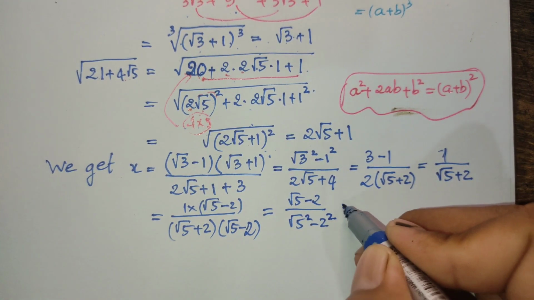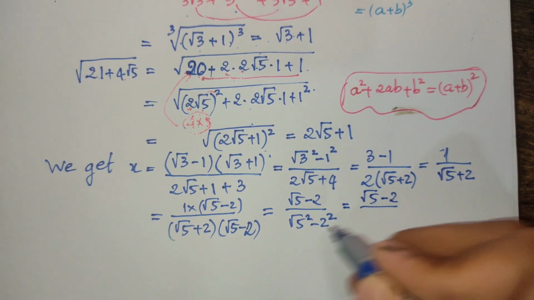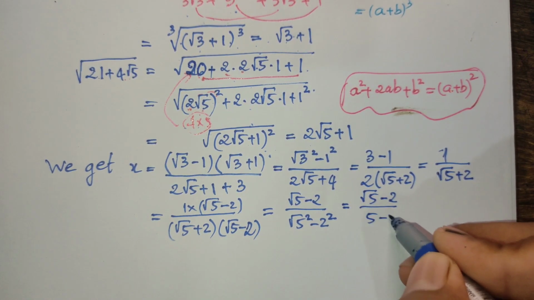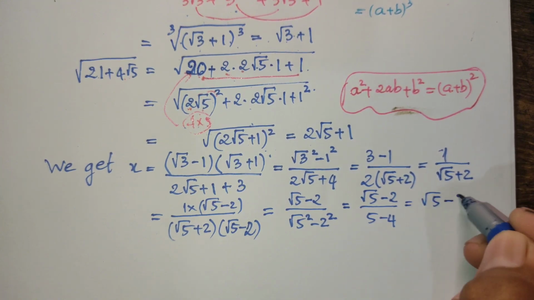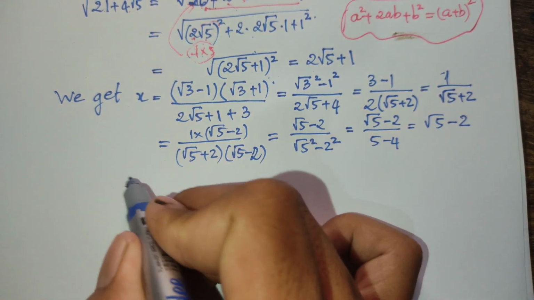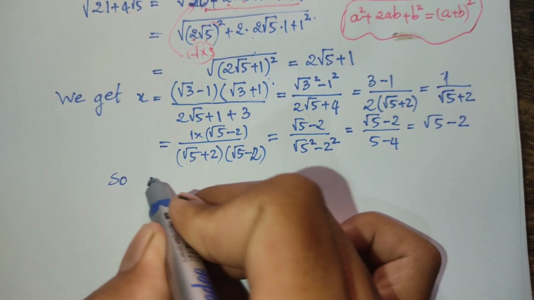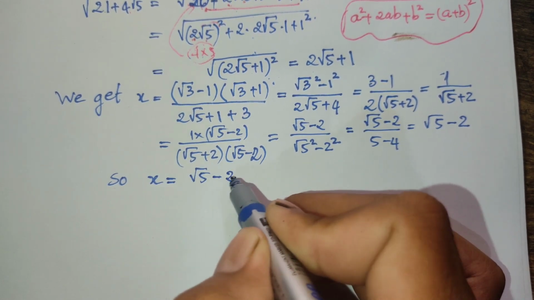Now I get (square root 5 minus 2) divided by (square root 5 squared minus 2 squared). And it equals (square root 5 minus 2) divided by (5 minus 4), and we get square root 5 minus 2. So now x is equal to square root 5 minus 2.